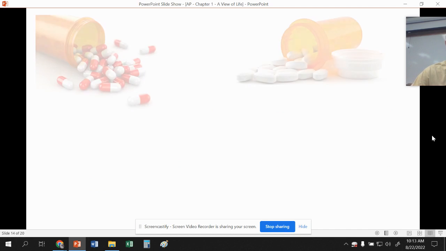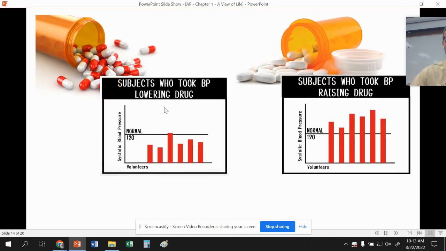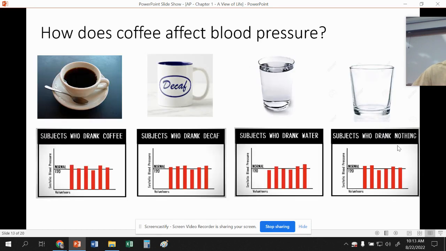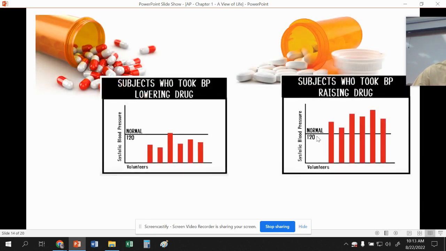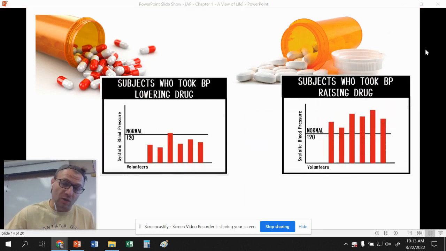Then they gave their participants a drug to lower blood pressure and to raise blood pressure. They wanted to make sure that they are getting the right data, because maybe there is something going on there with the coffee and blood pressure, but their system isn't recording the data correctly. So they're adding in these positive and negative control groups to make sure that their system or their experiment is running correctly.